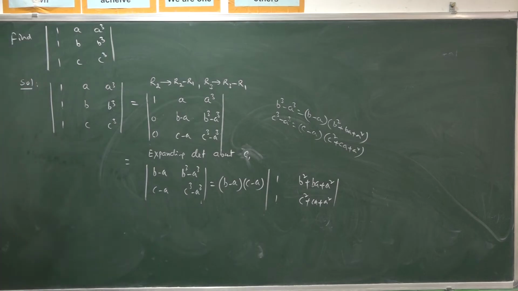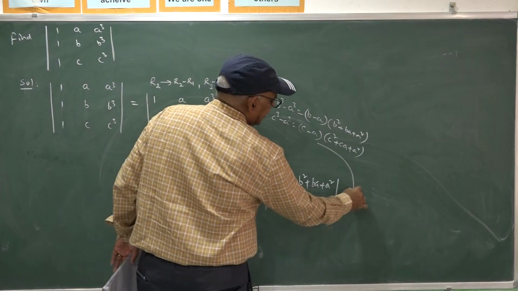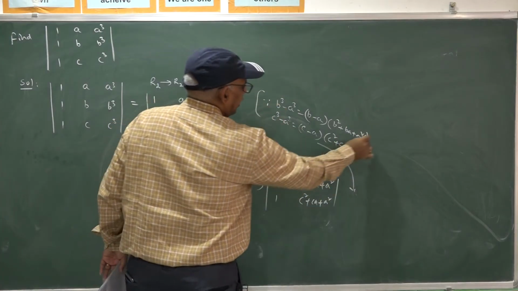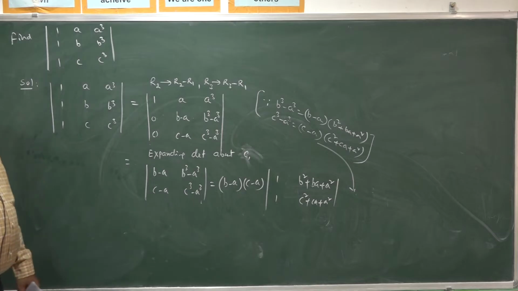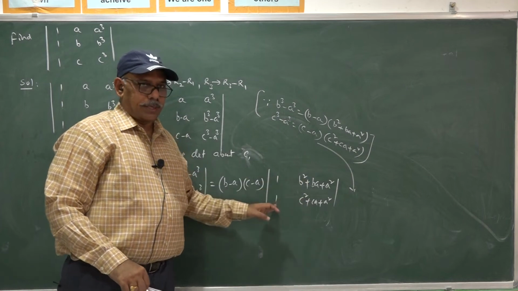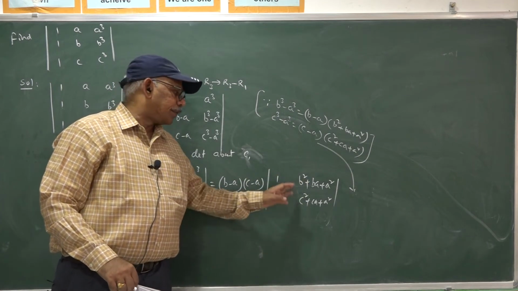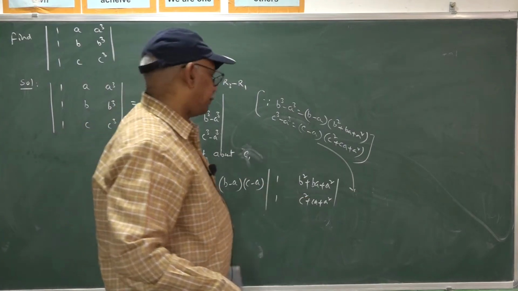Since B cube minus A cube is B minus A into B square plus BA plus A square, and C cube minus A cube is C minus A into C square plus CA plus A square, now you can straight away evaluate this determinant by the definition of a 2 by 2 determinant, just the AD minus BC form.